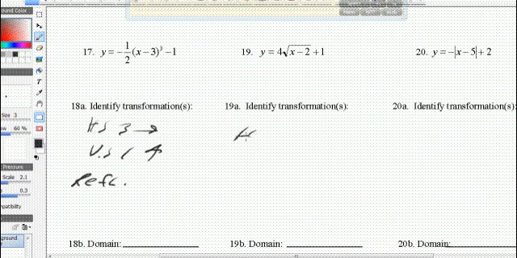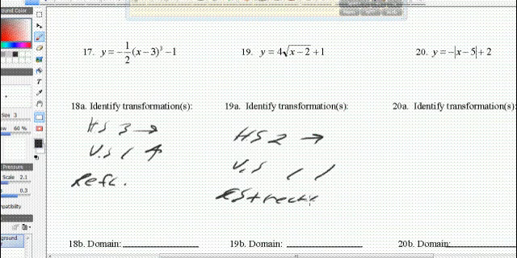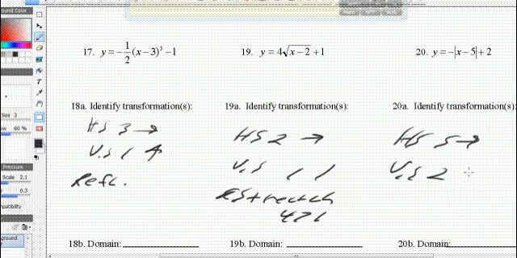Horizontal shift, 2 right, vertical shift, 1 up, compression, stretch, because 4 is greater than 1. Horizontal shift, opposite of negative 5, 5 right, vertical shift, 2 up, reflection across the x.